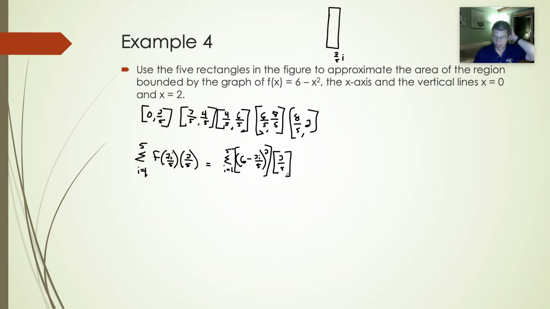Okay. Now I'm going to use my skills in summations. First thing I'm going to do is pull out the 2/5, all right, because that's a constant, and I can do that. It's the sum of i equals 1 to 5 in this case, and I'm going to break up the other numbers here.